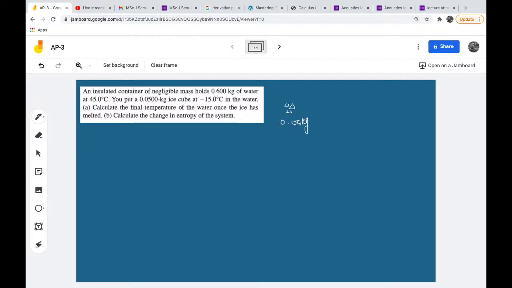And you have water in a container. The amount of water in the container is 0.6 kg.